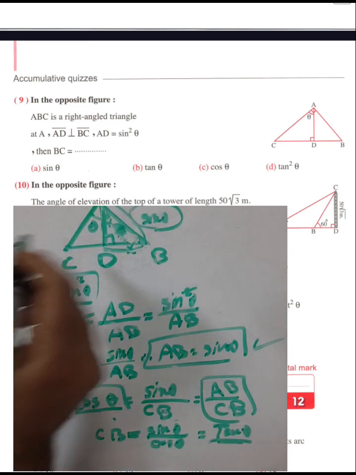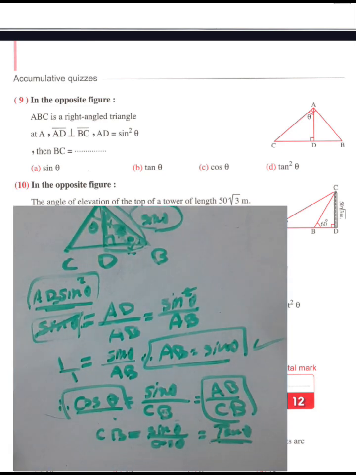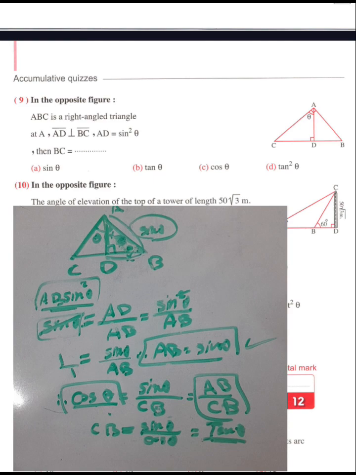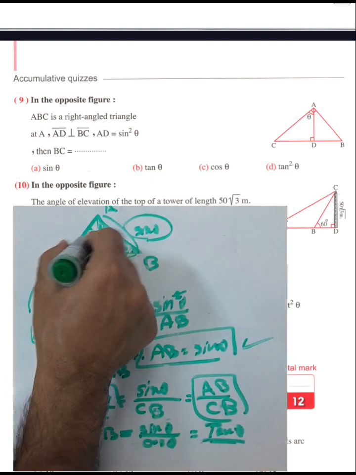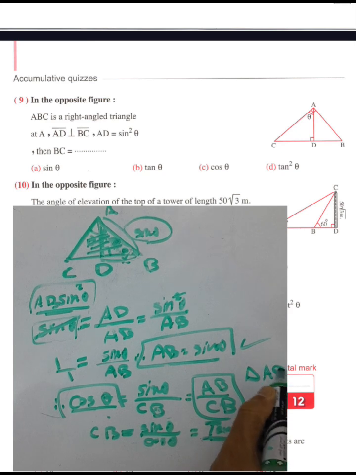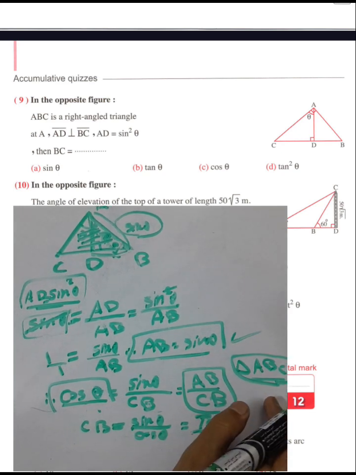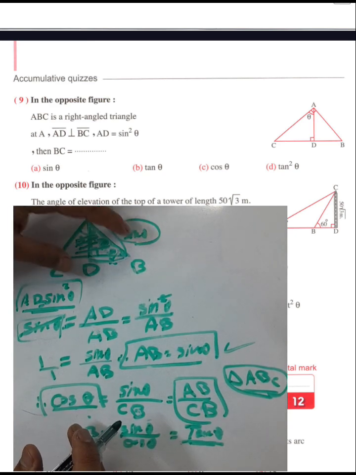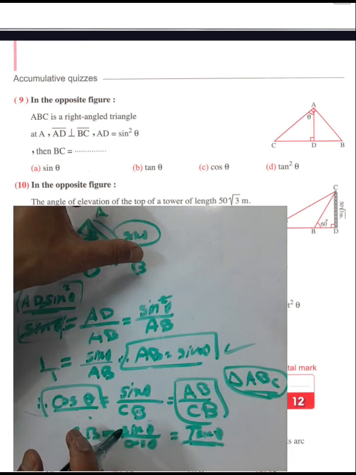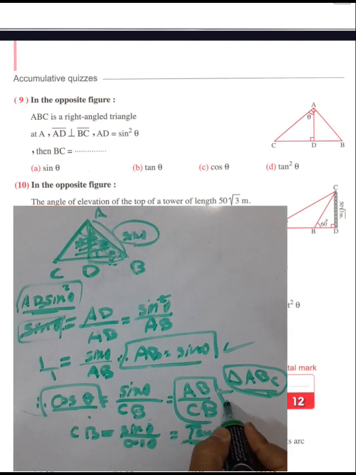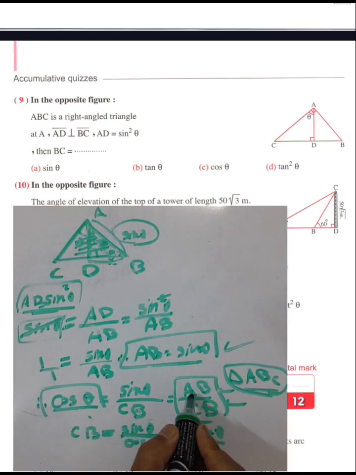This triangle will be in the greatest triangle first. Here in the greatest triangle, this triangle ABC, I solve this triangle to find the second step. Cosine theta from the greatest triangle will be adjacent over hypotenuse, EB over CB, and I found EB was sine theta.